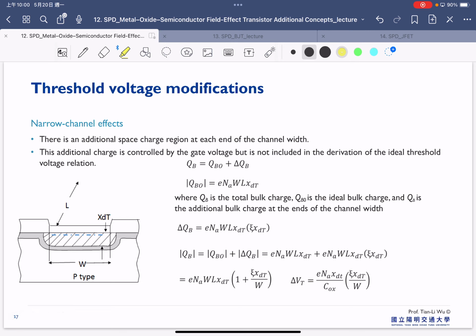And in addition to the short channel effect, there is also the concept called the narrow channel effect, and this is because there is an additional space charge region at each end of the channel width. For example, if this is L, that means you have to imagine this is the channel length.